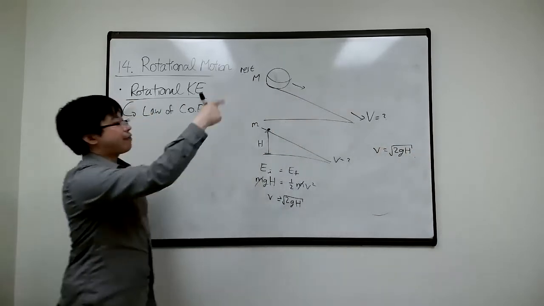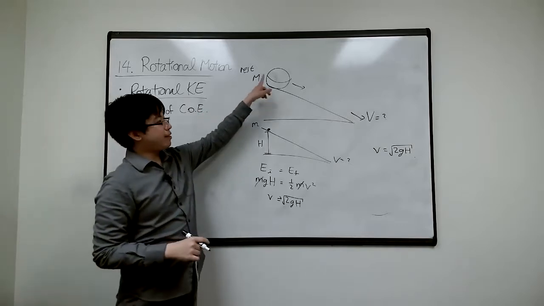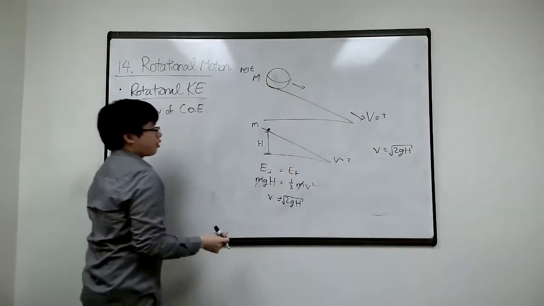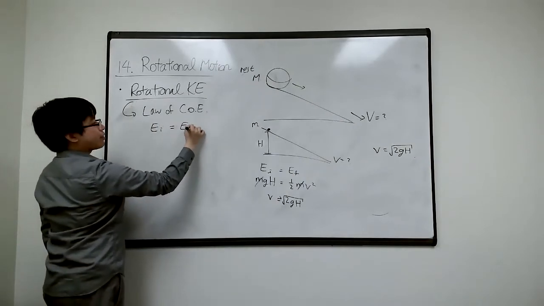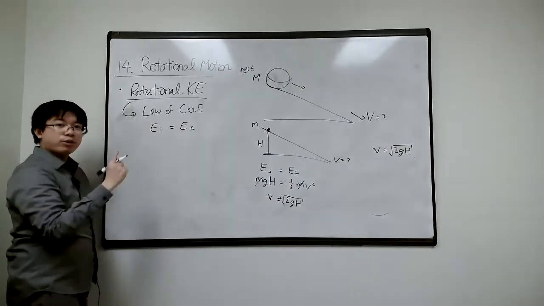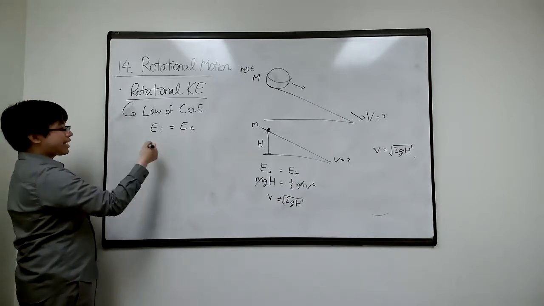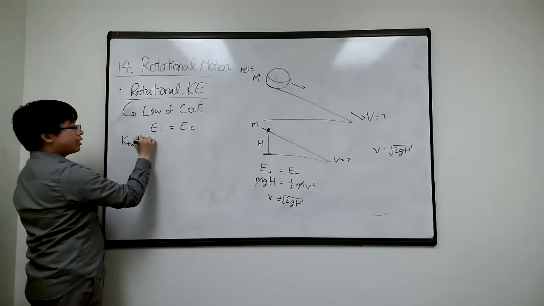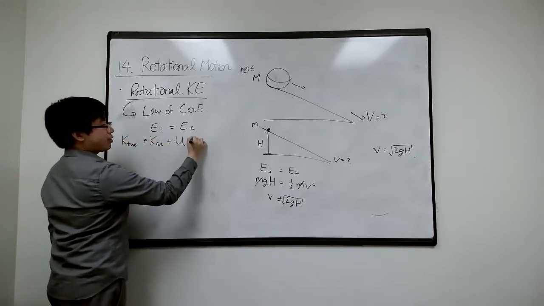Now, what if I have a sphere? This time, the difference is that this guy will rotate. So if it rotates, we need to do a little bit more in the final case: we need to add in the rotational kinetic energy. So what energies are there? There is translational kinetic energy, rotational kinetic energy, and gravitational potential energy.